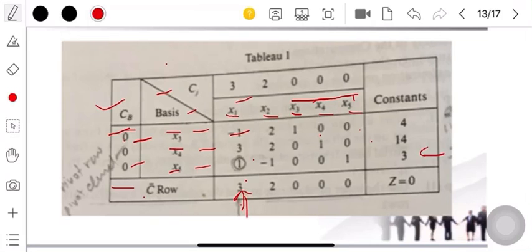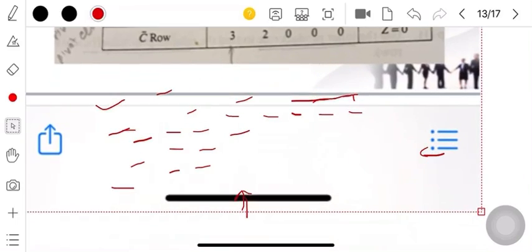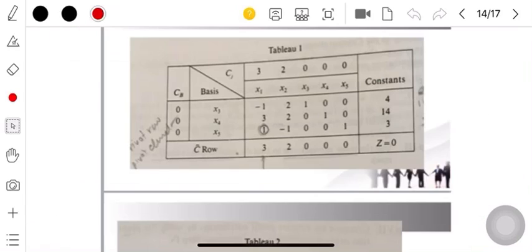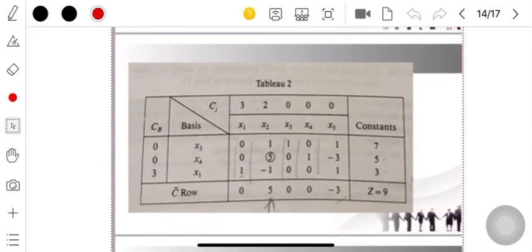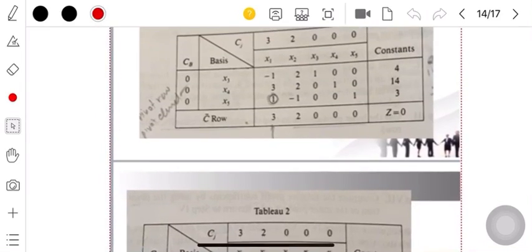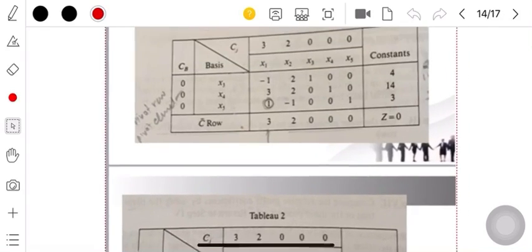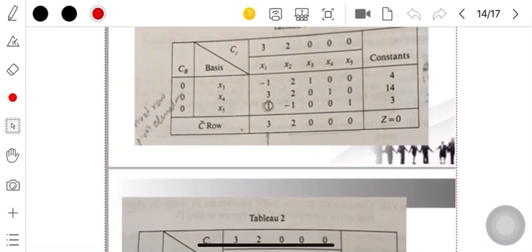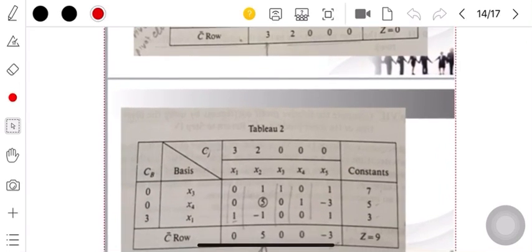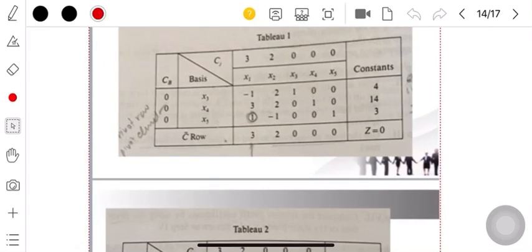Let me move ahead. So here it is shown. Here x1 has entered in place of x5, because we have selected this 3.